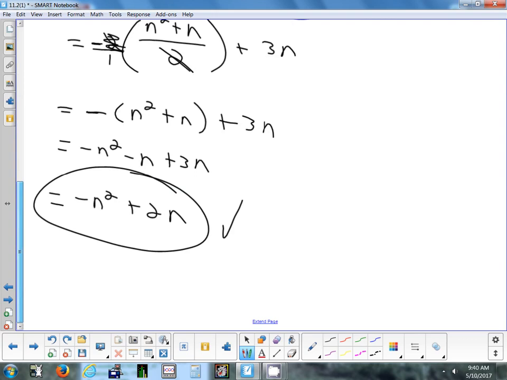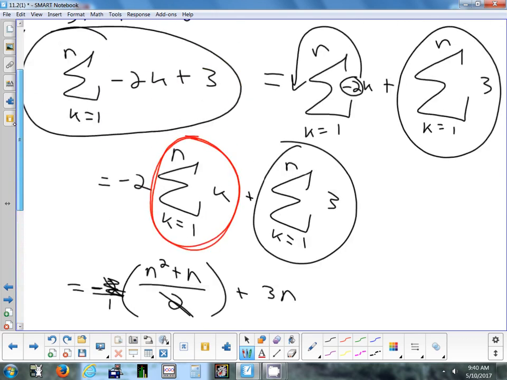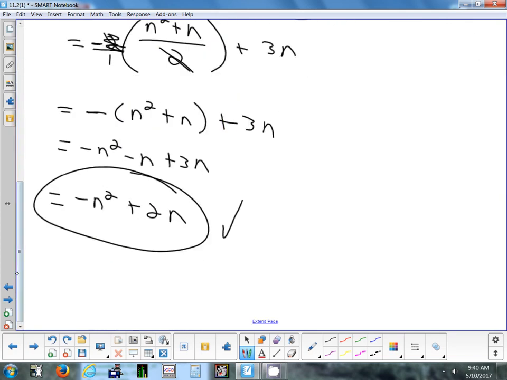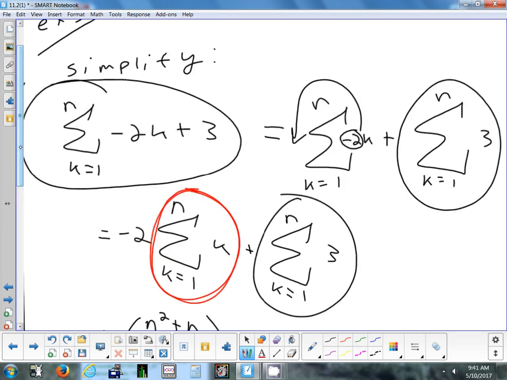So if I wanted to add up, say, the first 100 terms in that sequence, the way I would do it, plug in 100. So I get negative 100 squared plus 2 times 100. And I have to do that out. See what I get. But that's how you could do it. So very, very quick way to add up any number of terms you want.